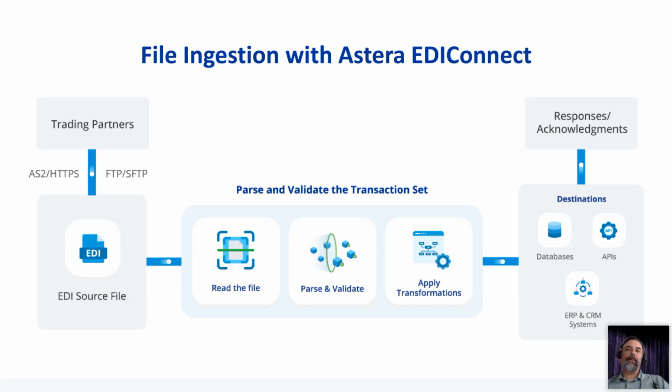And at this point, the system will execute a particular flow, this box in the middle, and that flow is going to be responsible for reading the file, parsing it, validating it, and applying the appropriate transformations to get it into the right side of the box there for the destinations, whether those be databases, ERP systems, generic API calls, what have you, and finally send the acknowledgement or the response back.